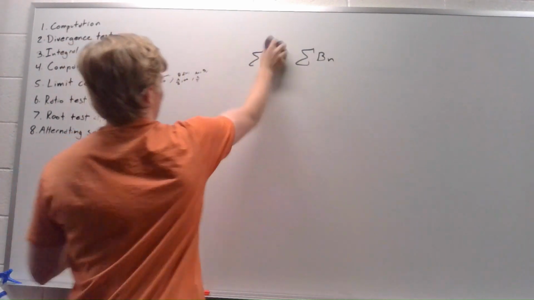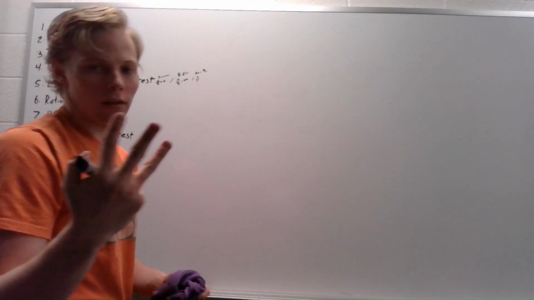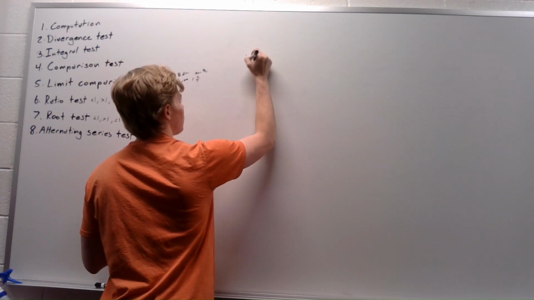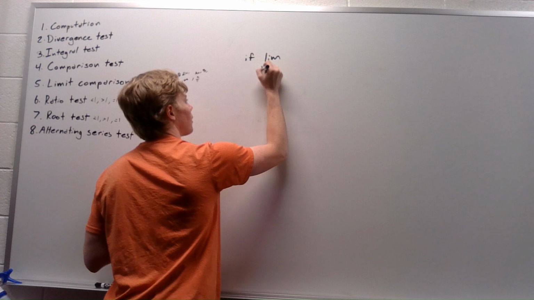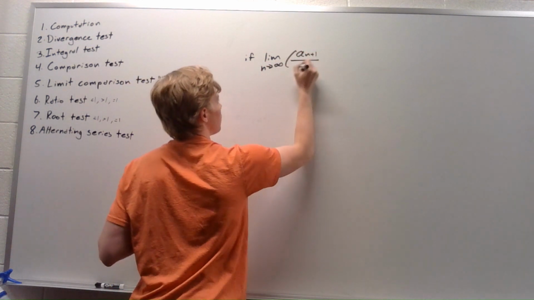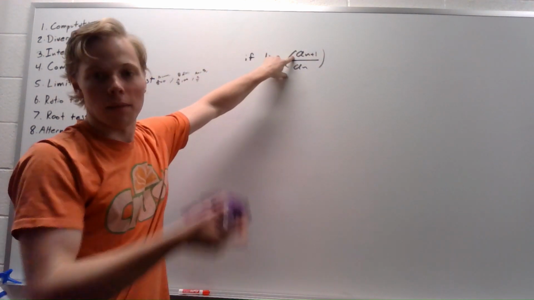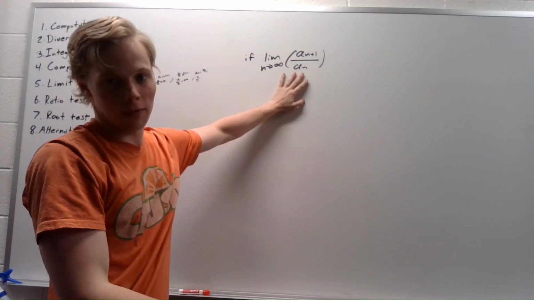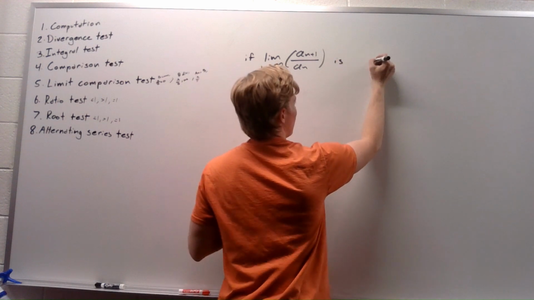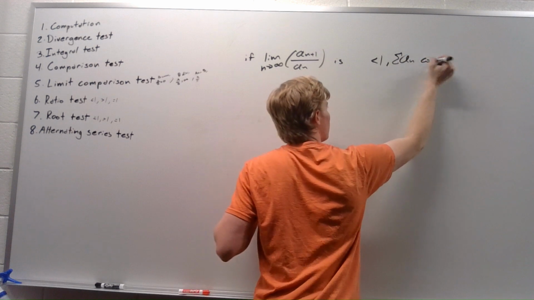Okay. So now we move on to the ratio test. So again, there are 3 possible scenarios for the ratio test. So the ratio test tells us that if the limit as n goes to infinity of A sub n plus 1 over A sub n, and what this means is just the next A sub n in the sequence divided by the previous one, if the limit of that is less than 1, the sum of A sub n converges.